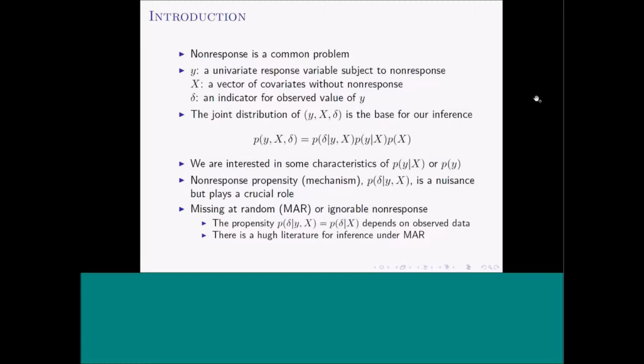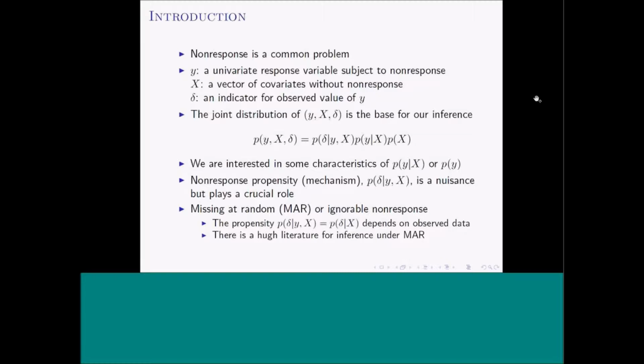Typically, we are interested in the distribution of x and y, and non-response is just a nuisance. However, especially in the case of non-ignorable non-response, the propensity plays an important role here, although it is a nuisance parameter.